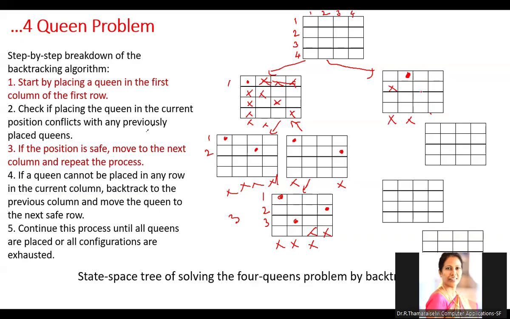Can you have the second queen in the third column? Here you cannot, here also you cannot, but here you can. Yes, so here you can have the second queen.